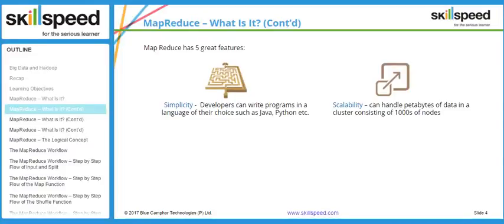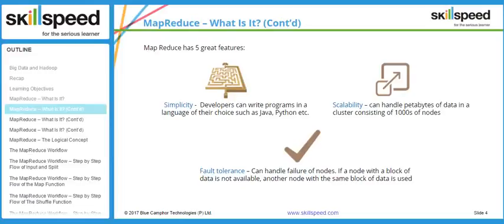Since we have our Hadoop cluster already present, there is no question as to how scalable a Hadoop cluster can go. We can literally have tens of thousands of nodes in a Hadoop cluster, and the processing can happen in parallel. Now, the third advantage is fault tolerance. Now, we know that there is a built-in replication happening inside HDFS.